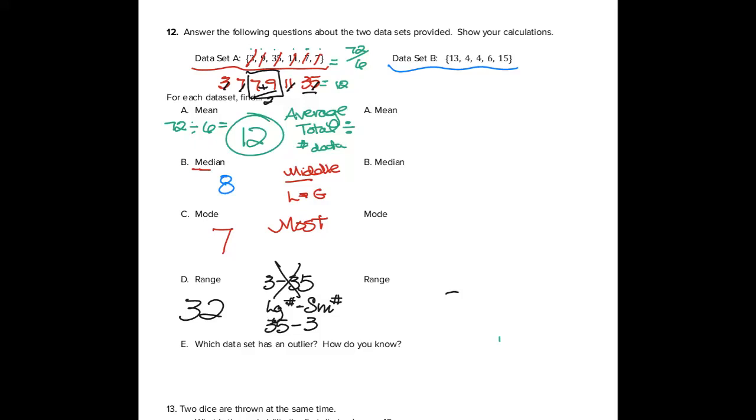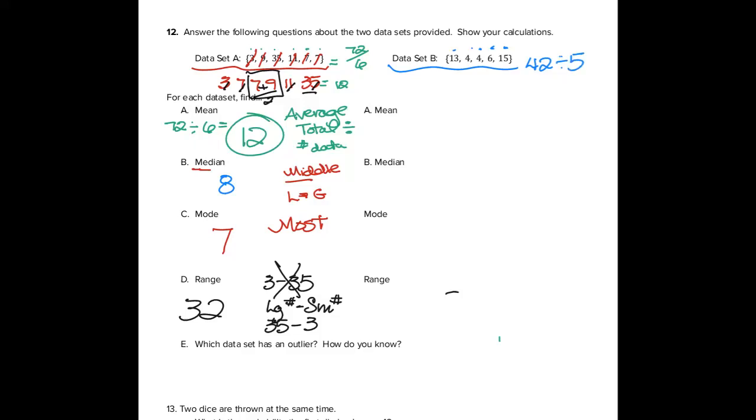All right. So data set B, I am looking for the mean, which means I need to add all these amounts together. So we got 13 plus 4 plus 4 plus 6 plus 15 is 42. So I found that total of 42, and I have 1, 2, 3, 4, 5 numbers.